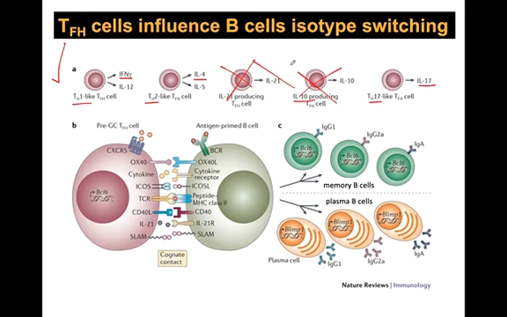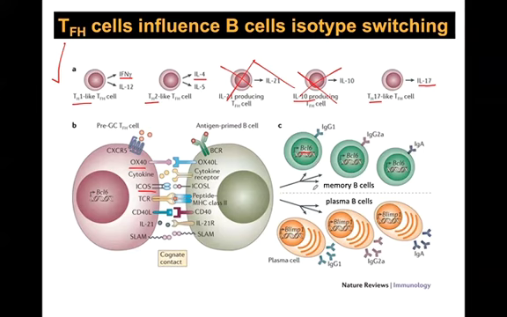So they're making cytokines. They're also providing other signals. We talked about the other co-stimulatory signals, OX40, ICOS, and others that are telling that B cell what to do. Primarily, some of these are saying, become a memory B cell or become a plasma B cell. That really is turning on different transcriptional programs that differentiate these cells. The main one for memory B cells is a transcription factor called BCL6.